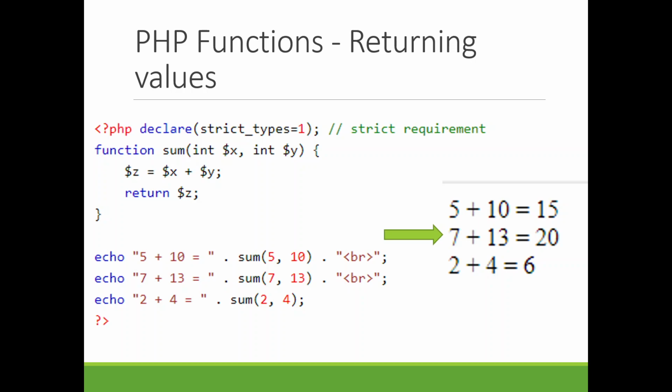Okay, we've already met the return statement, and in this particular slide we want to learn about returning values. When you call a function, it can either perform whatever operations it's supposed to perform and end at that.